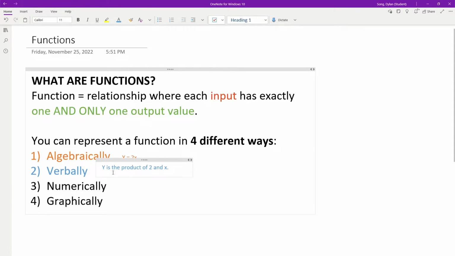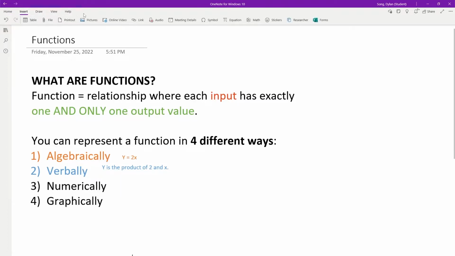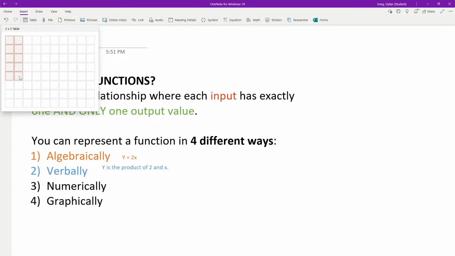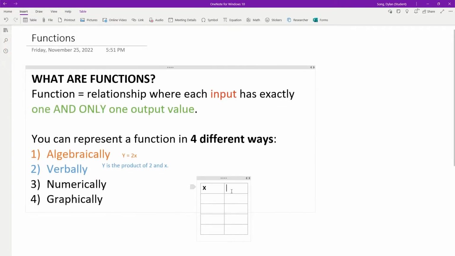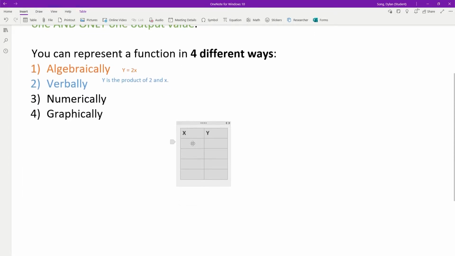And to do it numerically, we would have to make a table of this function y equals 2x, right? The input values are all the x values, so I'm going to make a column called x, and the output values are all the y values, so I'm going to make this column y.